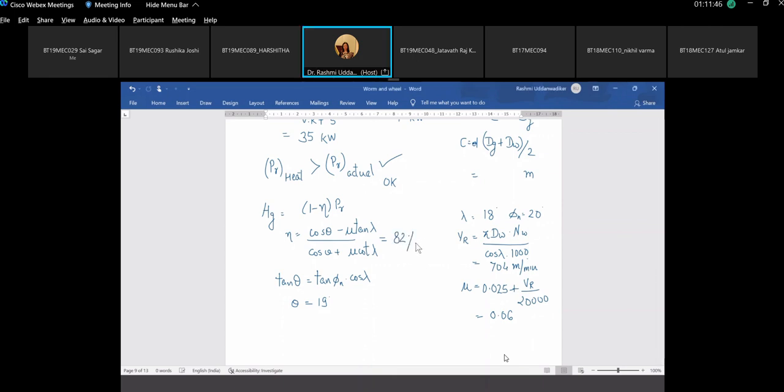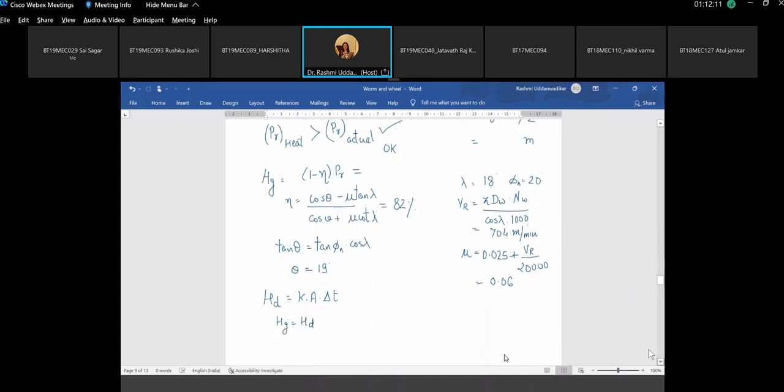It's already 10:55. Should we stop or should we complete this part? Give me Hg. Give me the heat dissipated, which is K into area into rise in temperature. We'll assume Hg is equal to Hd and find the rise in temperature.